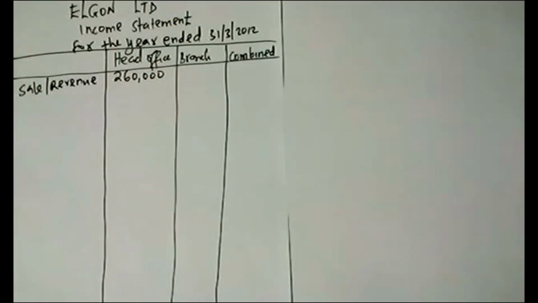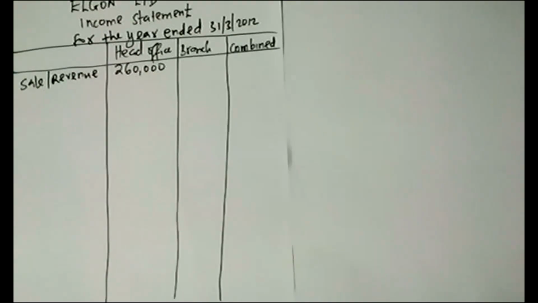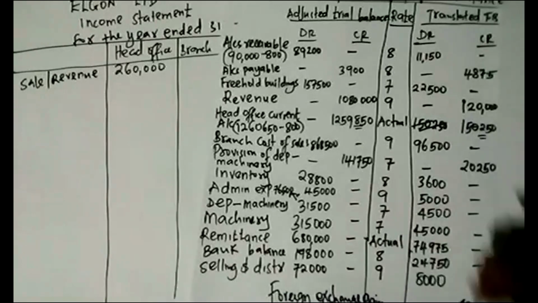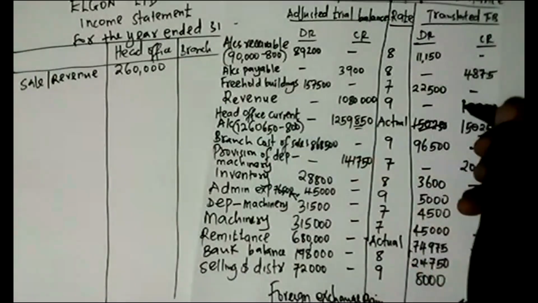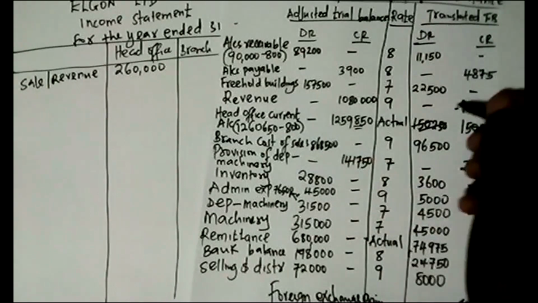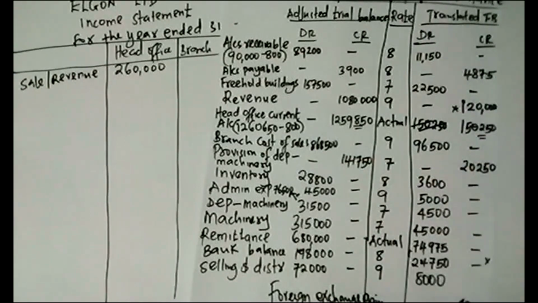Then for the branch, remember that you are supposed to pick the one which you have translated, of which the revenue was 120,000. The 260 is direct from the question, because that one is for the head office.